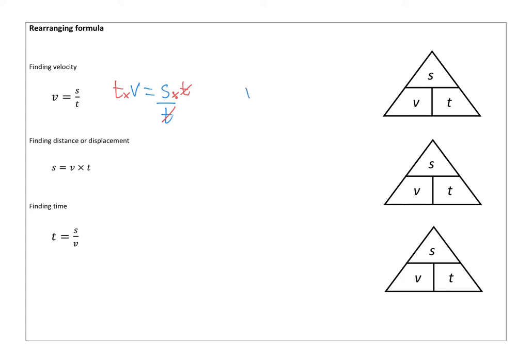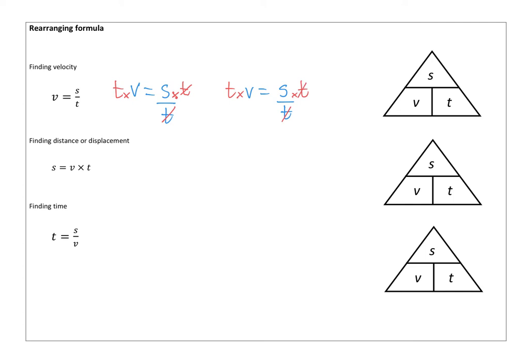Well, if we do our V equals S over T, it's a little bit more complex. We want to get T, but T's on the bottom, so that's not very useful to us. So I'm actually going to start off by timesing both sides by T, and then obviously that cancels.